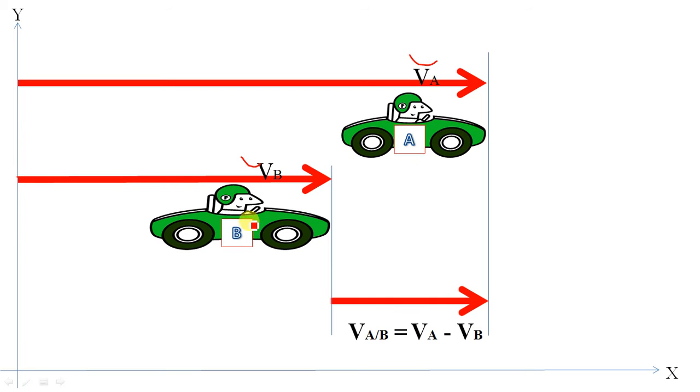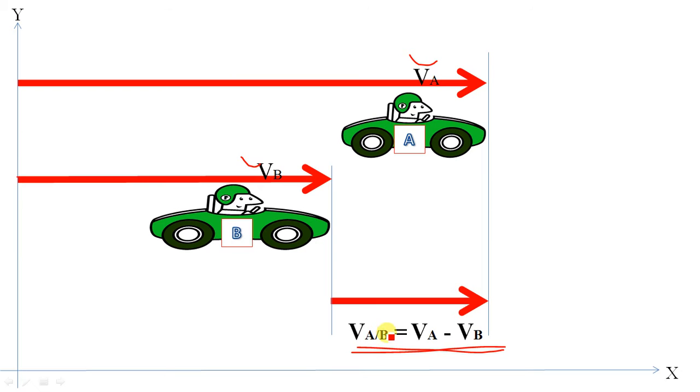Now when we say that car A is having a velocity of 10 meters per second with respect to this car B, it becomes the relative velocity. When we relate the velocity with another object which is having some velocity, that is known as a relative velocity.